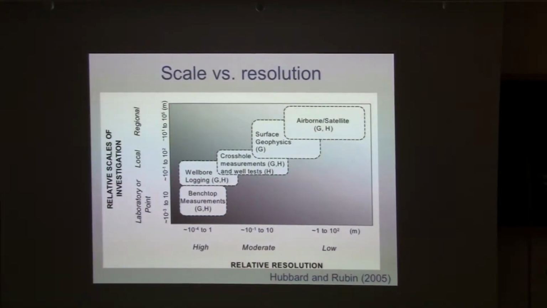So airborne methods, satellite measurements for countrywide, county-wide applications, surface-based measurements, if you're maybe at scales to some kilometers, cross-hole at scales of tens of meters, and then logging at scales often less than a meter in spatial resolution. And then, of course, you can do laboratory work and very advanced imaging at the millimeter scale or micron scale.